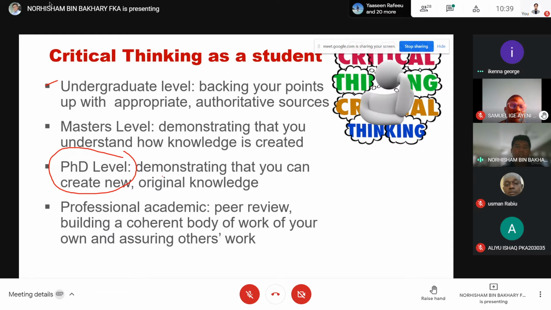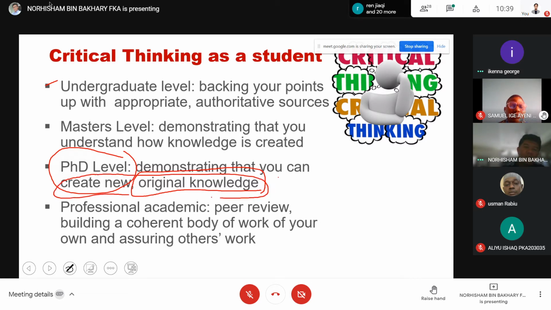But for PhD level, you must have original knowledge, which means what you find must be something new, demonstrating that you can create new original knowledge. It doesn't mean that it is a theory, but it must be new knowledge.